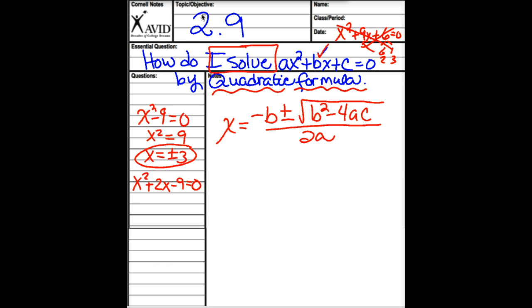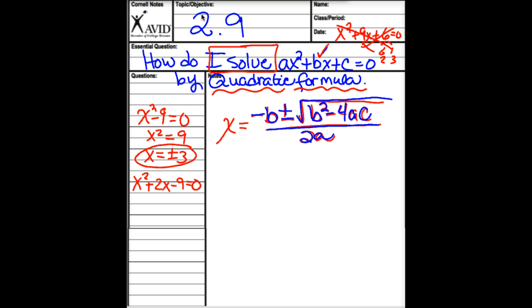I did such a great job. But one more time, it gets done to Pop Goes the Weasel. X equals negative b plus or minus the square root of b squared minus 4ac. See how I did the vibrato on there? All over 2a. And it works every time as long as you can find a, b, and c.